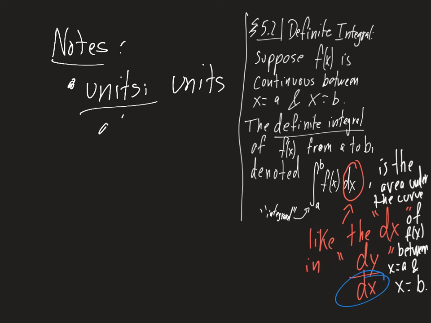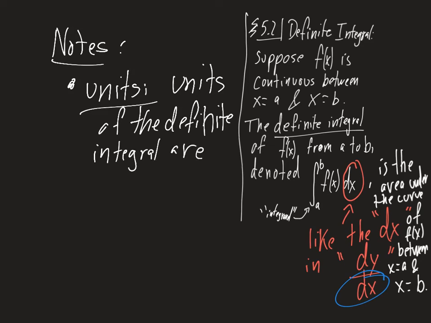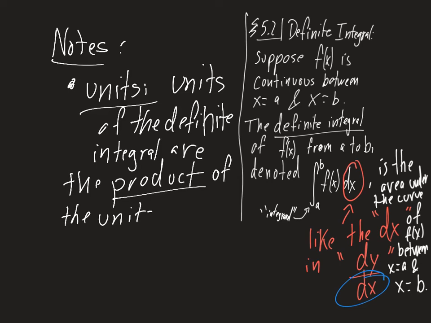The units of the definite integral are the product, which means you're multiplying, of the units on the horizontal and vertical axes.